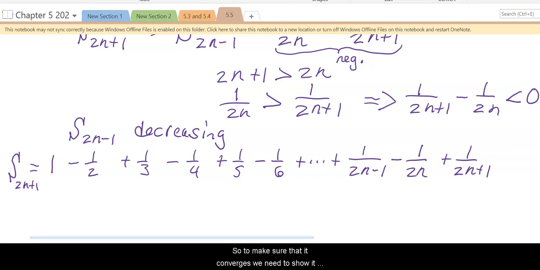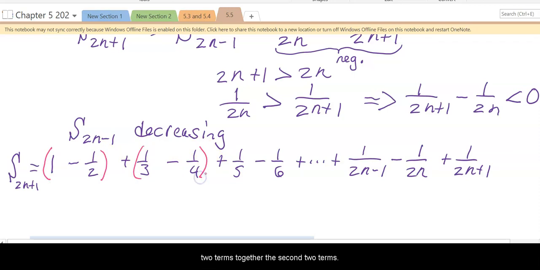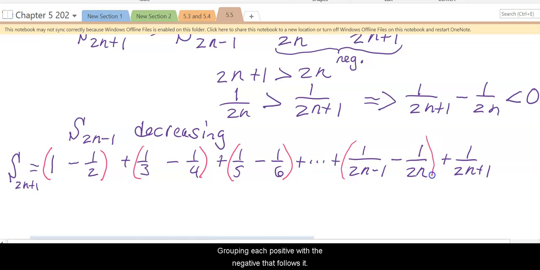So to make sure that it converges, we need to show it is bounded below. In this case, to make that happen, we will group the first two terms together, the second two terms, the third pair of terms, and so on, grouping each positive with the negative that follows it.